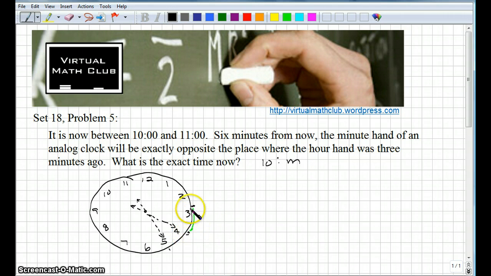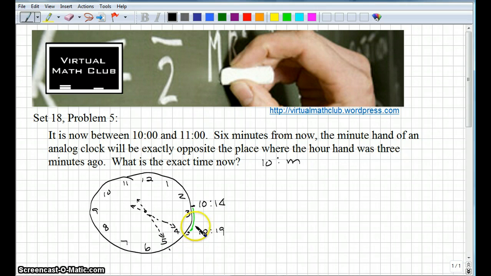It's somewhere between, looks like about 10:14 and, let's see, this would be 10:19. Okay, so if we get a number that's in that range, then we know we're doing good. We know we've probably figured out something. So let's go ahead and work through this problem.